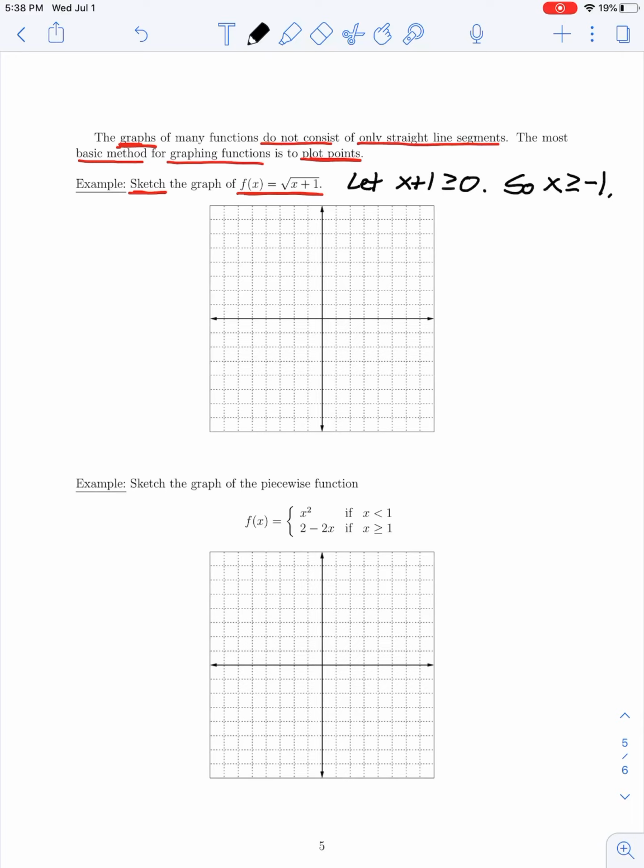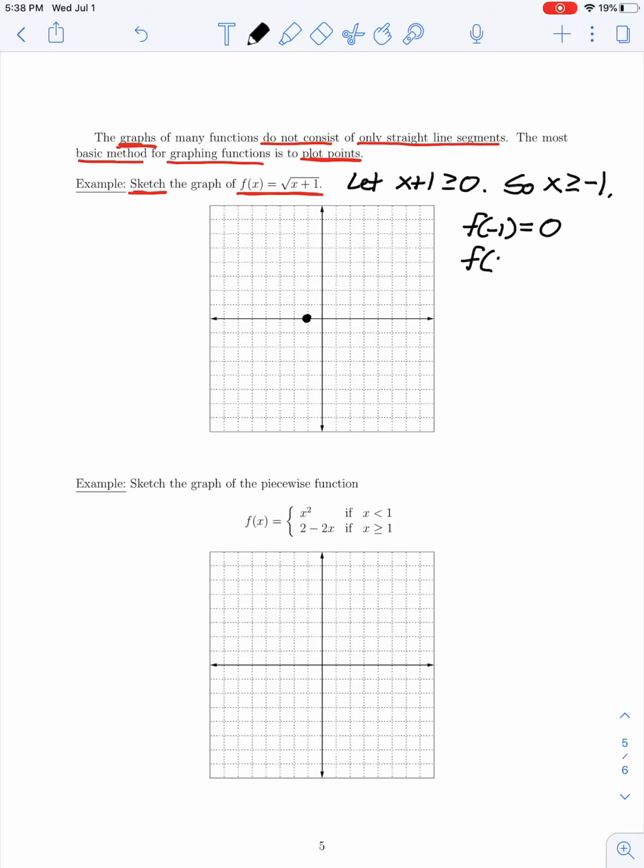So let's choose some test values here. If x is -1, then our y value, the value of the function, would be the square root of 0, which is 0. So our graph passes through the point (-1, 0).